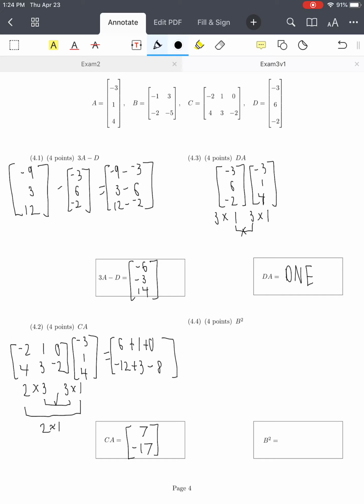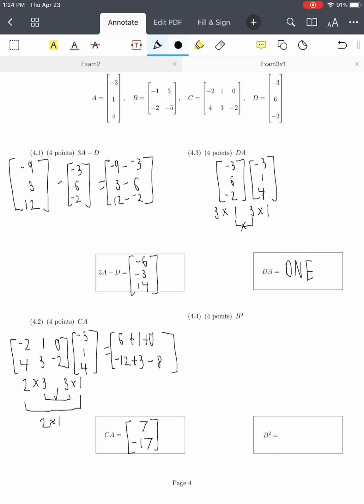Okay, and B squared. Let's see. A lot of people, when they square a matrix, they're tempted to square each entry. That's not true. Anything squared is just that thing multiplied by itself.